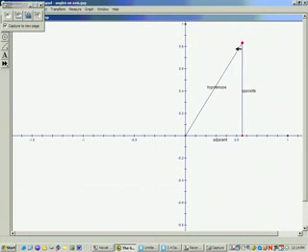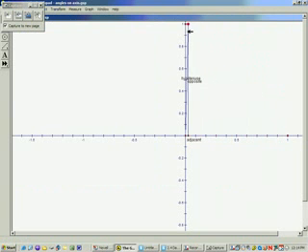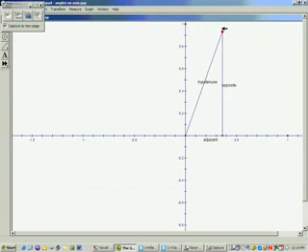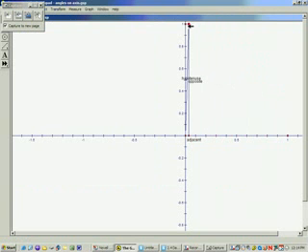However, watch me move this up to here. Notice that the opposite gets bigger and bigger and gets closer and closer to 1, and the adjacent is moving closer and closer to 0.